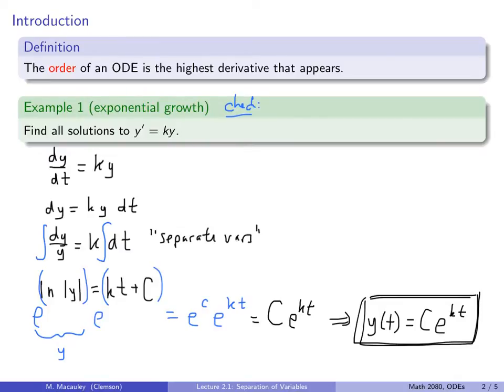Take the derivative of this and we get k c e to the kt. This is y prime. And let's compare that to, so is that equal to k times y? Well, k times y is k times c e to the kt.